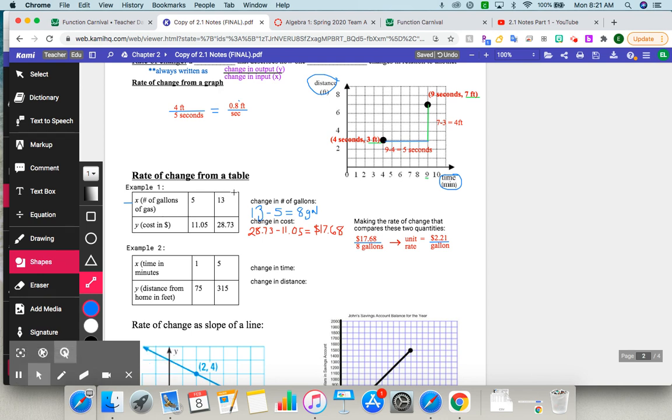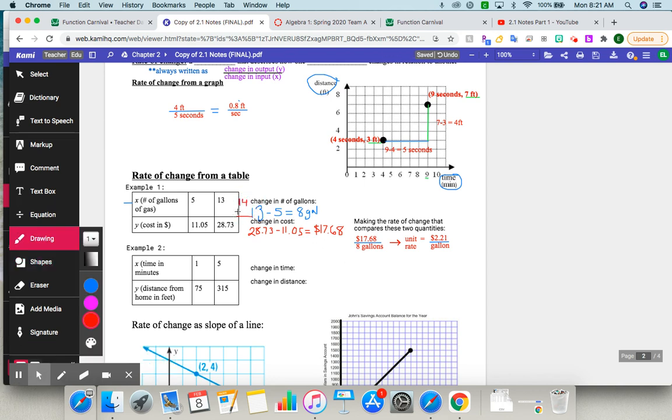So what this means in terms of my functions, if I were to get 14 gallons of gas instead of 13, since I'm changing by 1 gallon in terms of the amount of gas, then that means I'm adding $2.21 to my total cost. So for 14 gallons, my total cost would be $30.94.